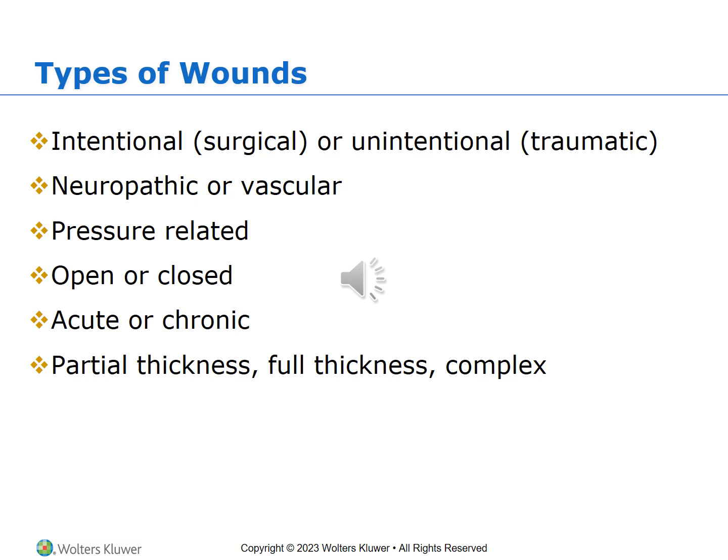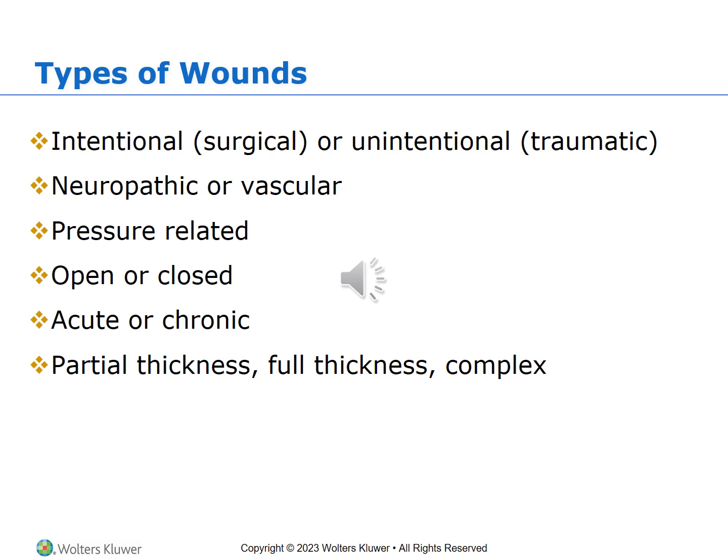Then you have your closed wounds, resulting from a blow, force, or strain caused by trauma, such as a fall or an assault or a motor vehicle crash. The skin surface is not broken, but the soft tissue is damaged and internal injury and hemorrhage may occur.